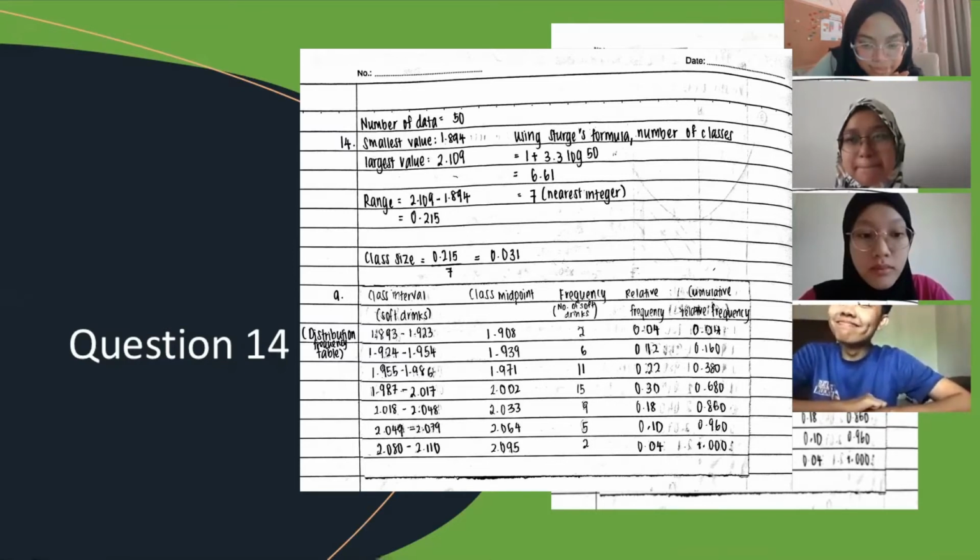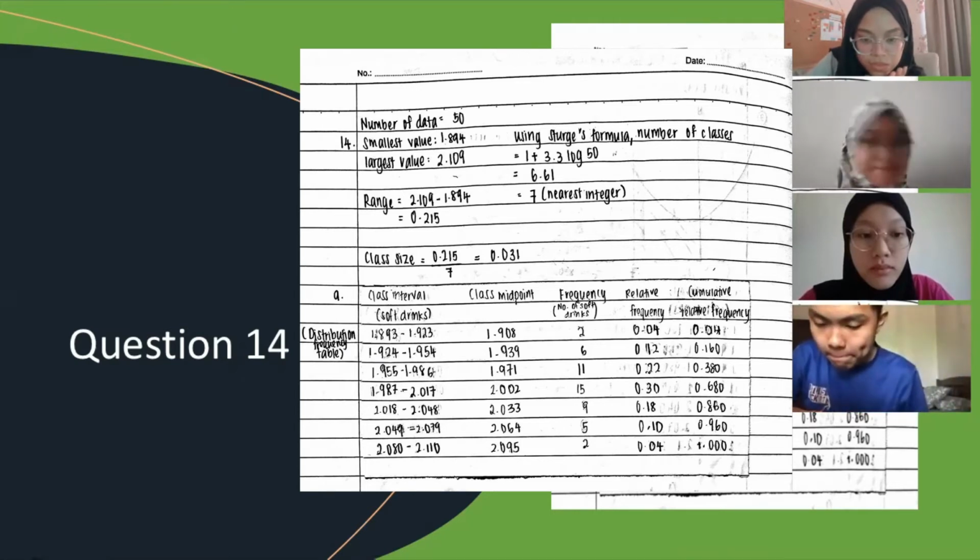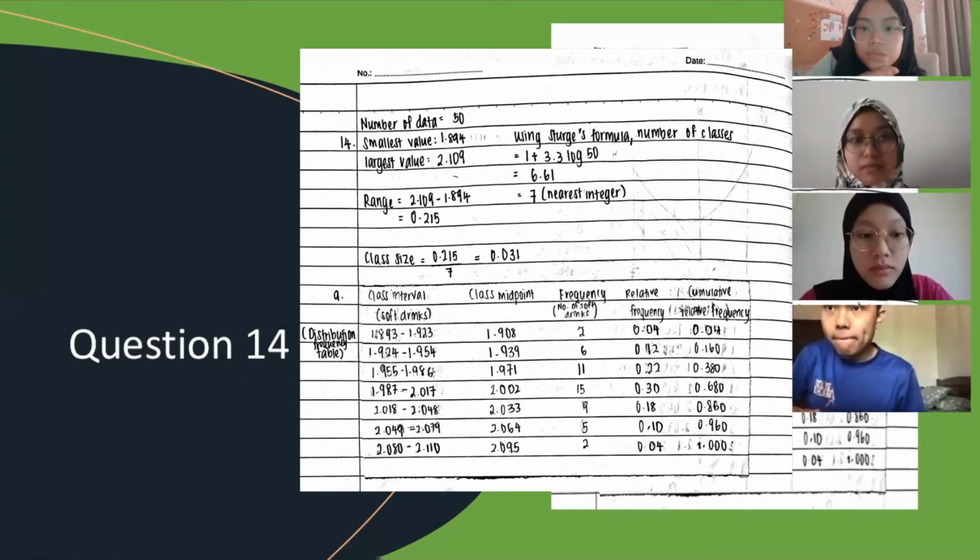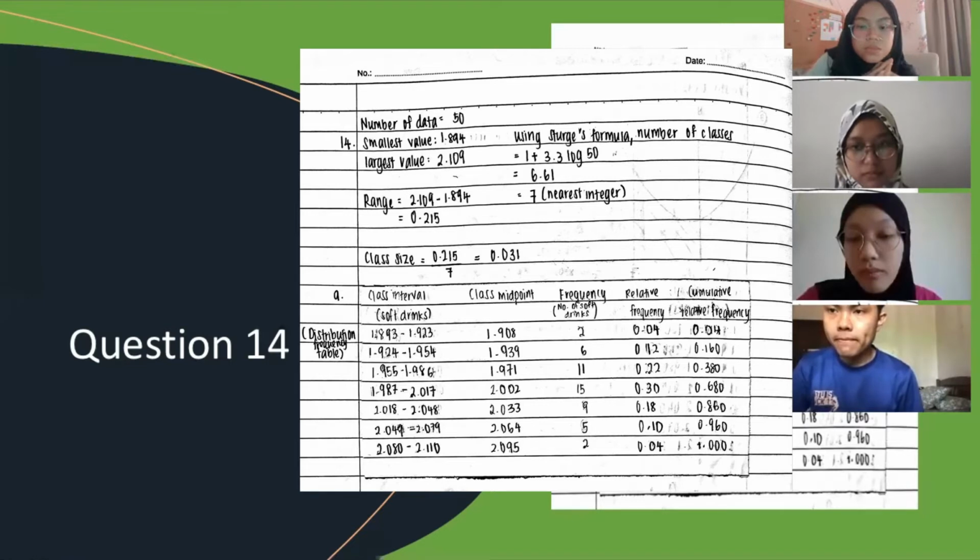By using Sturges' formula, the number of classes can be calculated: 1 plus 3.3 log 50, where 50 is the amount of data given. The number of classes calculated is 7 classes. Thus, the frequency distribution table is constructed. There are 7 classes, and the total frequency is 50.